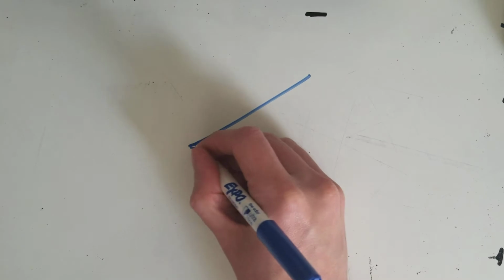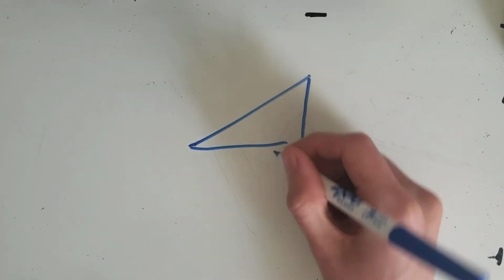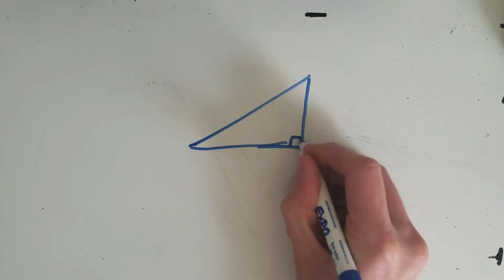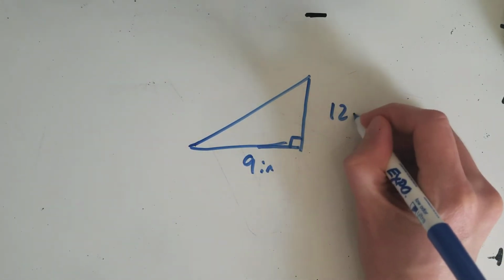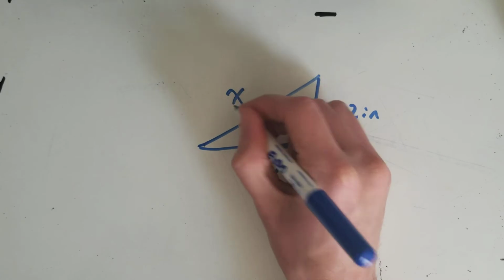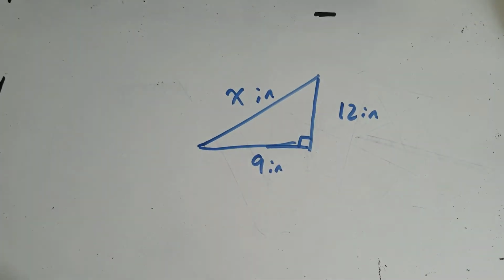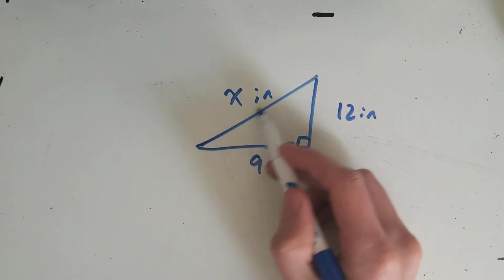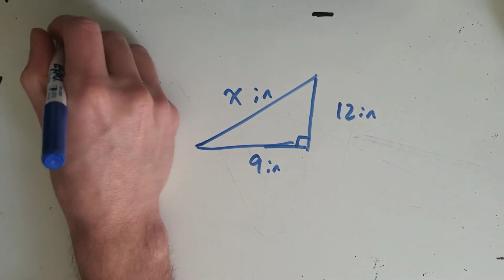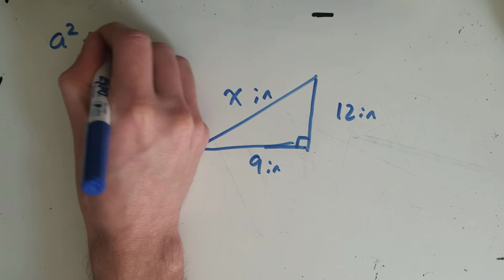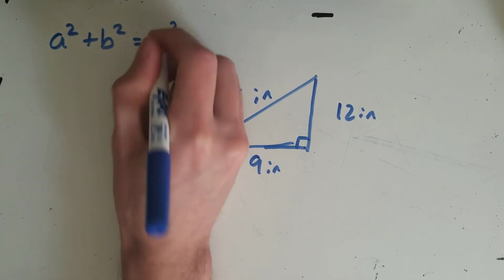So our first question: here's our right angle down here. We know this is 9 inches, this is 12 inches, and this is X inches. Our goal is to find the length of this side. We need to think of what we have. We're going to use the formula A squared plus B squared equals C squared.